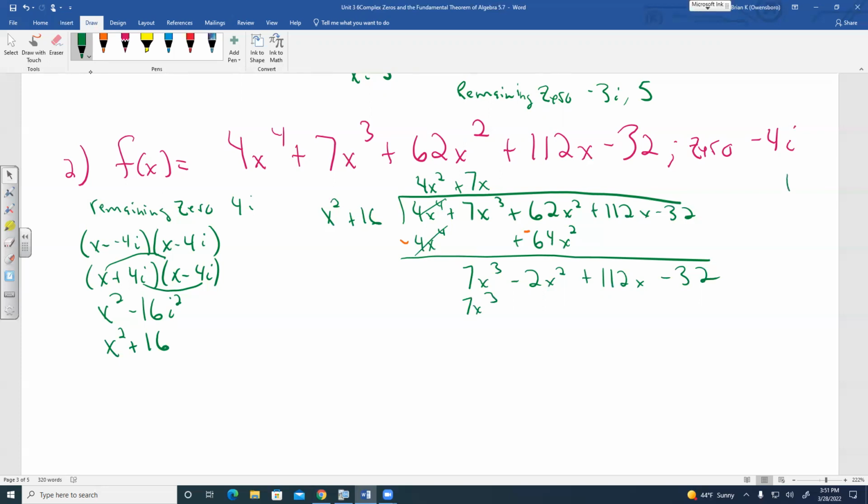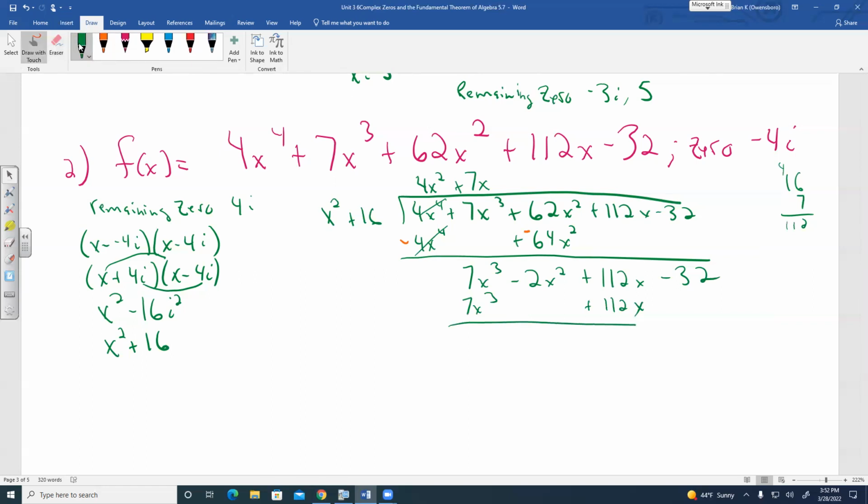Well, I need to multiply 16 times 7. I'm going to do that over here. Looks like 112. So it's going to be a plus 112x. So that's actually going to go over here. So let me get rid of that plus sign there. Make sure our like terms are lined up.